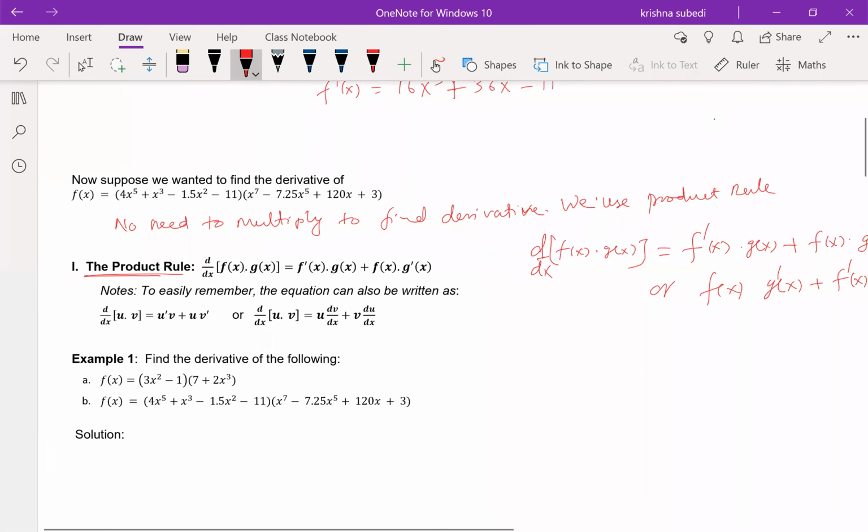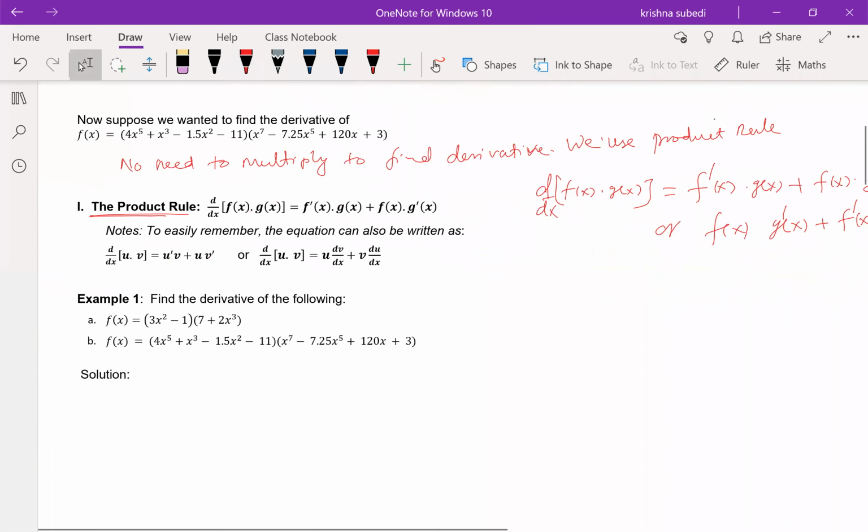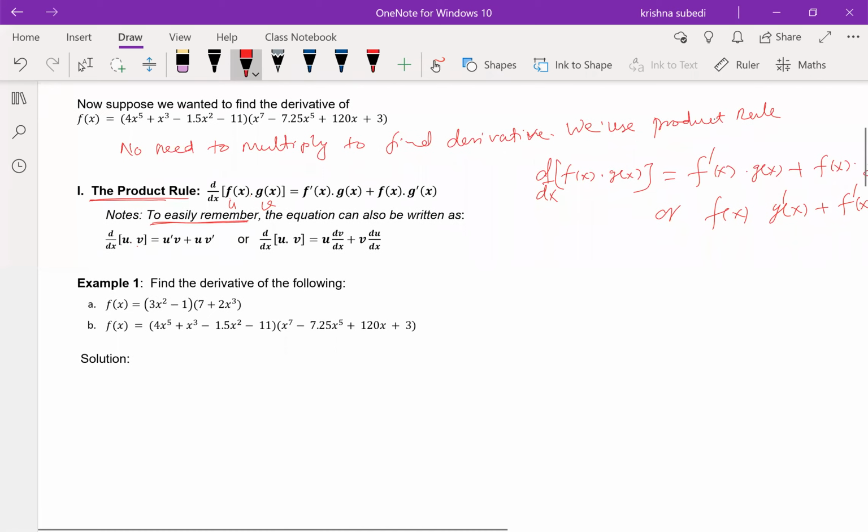That's it, that's the formula. To write f of x g of x is a lot of work, so to remember it easily and make it shorter, you can use u and v: f of x as u, g of x as v. Then the derivative of u times v can be written as u prime v plus u v prime. So that's the formula we'll use.